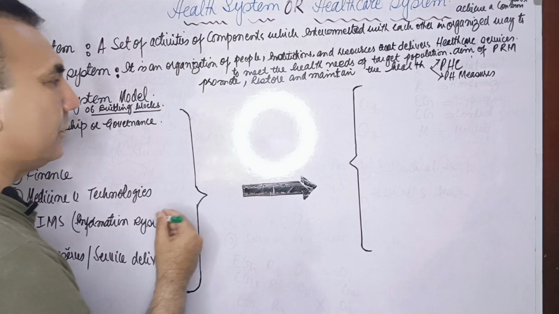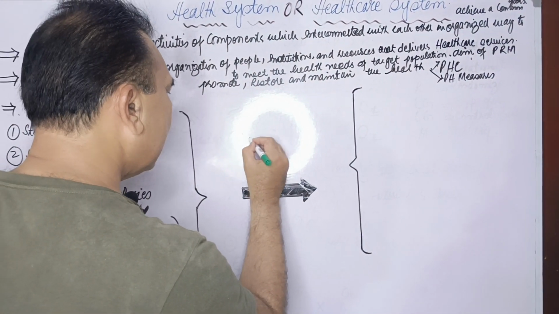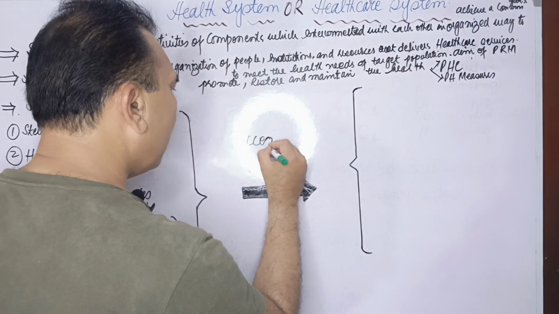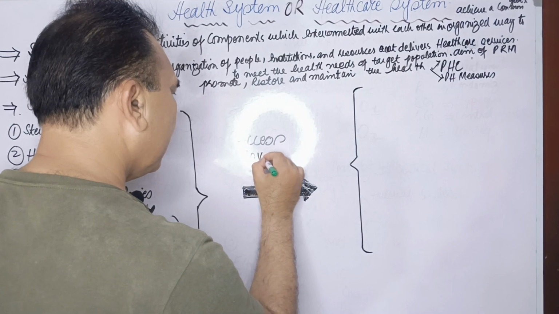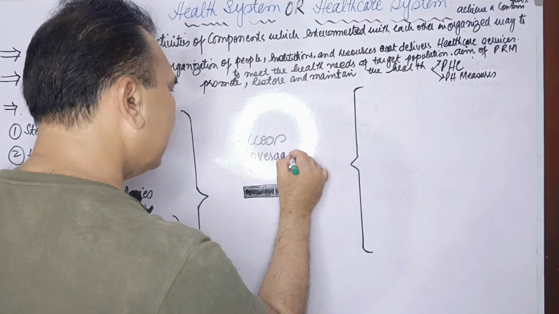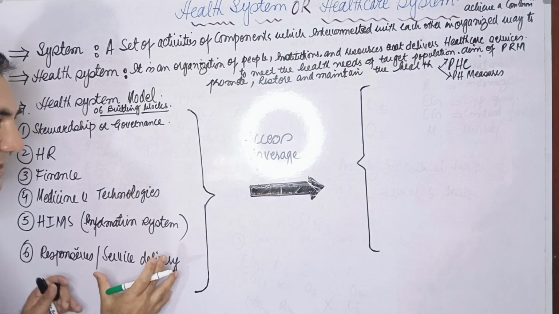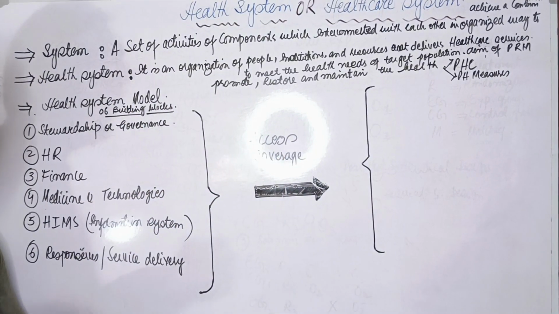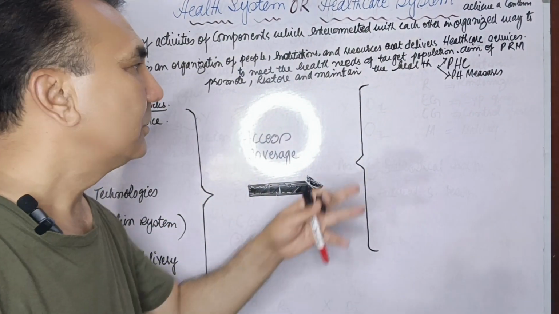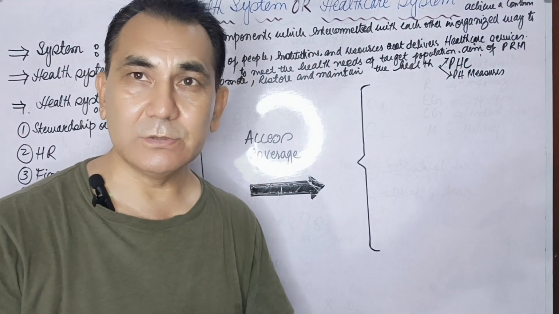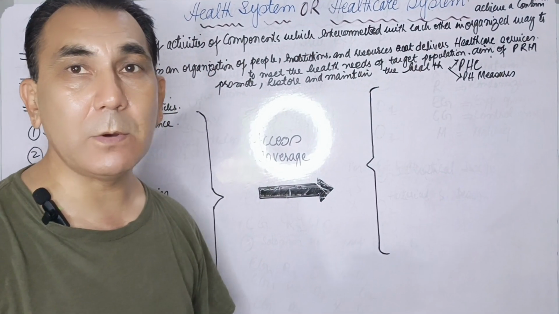Now, what will it do? It affects the coverage. What do these six building blocks do? First, they increase the access to healthcare delivery services for the target population.